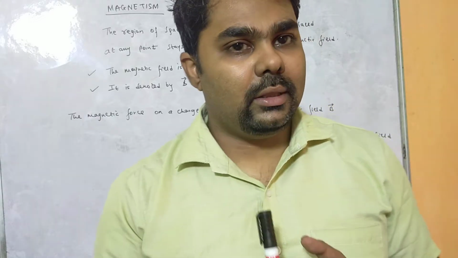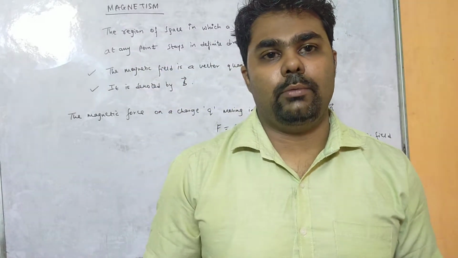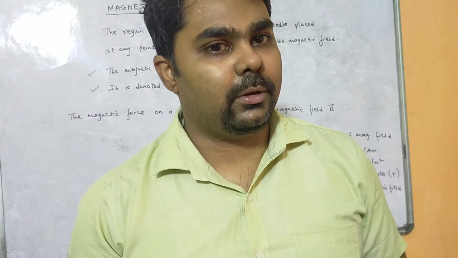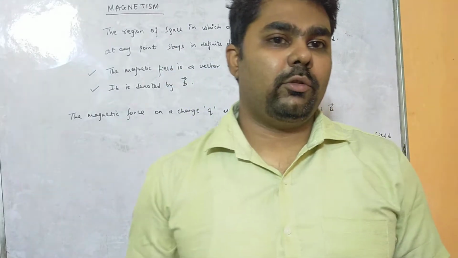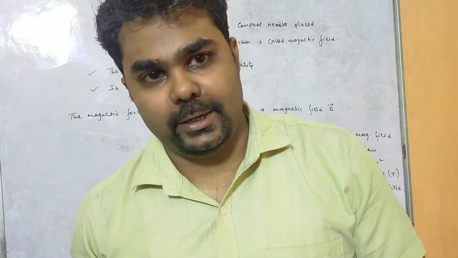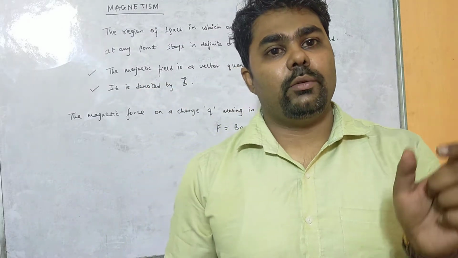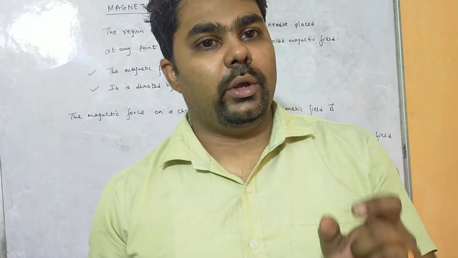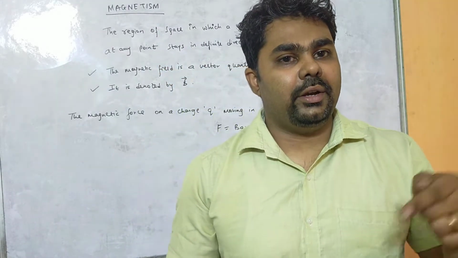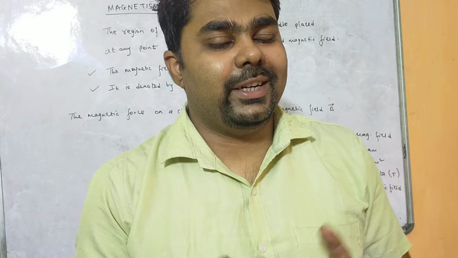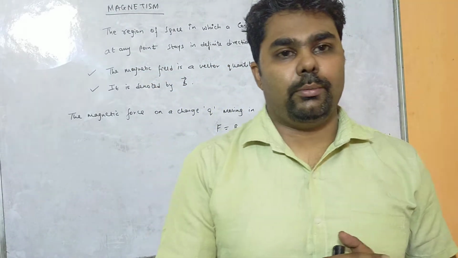Here in this chapter, in Class 12, we'll go through magnetism in much more detail. Like what happens to a charge when it is placed in a magnetic field. What is the force on that charge when it is moving in a magnetic field? How can we accelerate a charge by using a device called a cyclotron? What are the units of magnetic field?